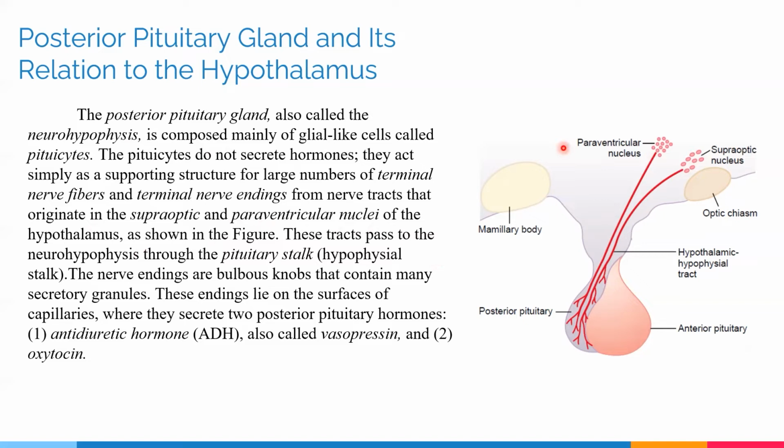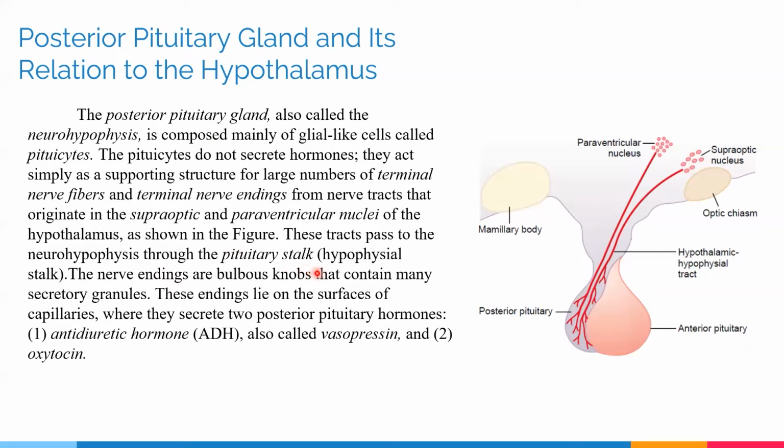So this is the paraventricular nucleus right here and the supraoptic nucleus, which affect the posterior pituitary shown right here. And here is the hypothalamic hypophyseal tract, which helps in the transport of the hormones released in the hypothalamus to the posterior pituitary. These tracts pass to the neurohypophysis through the pituitary stalk.